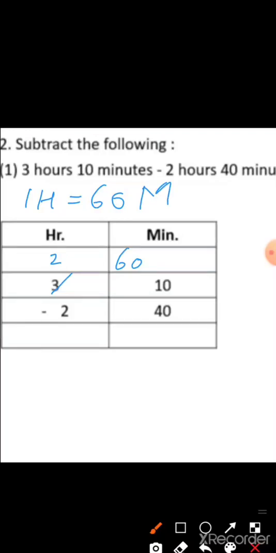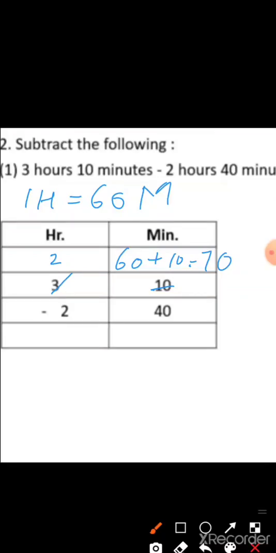If we are borrowing 1 hour, that means we are borrowing 60 minutes. In the minutes column we will write 60 plus this 10. 60 plus 10 is now 70.